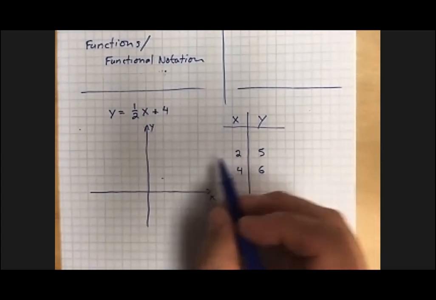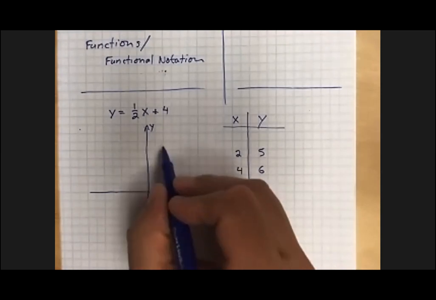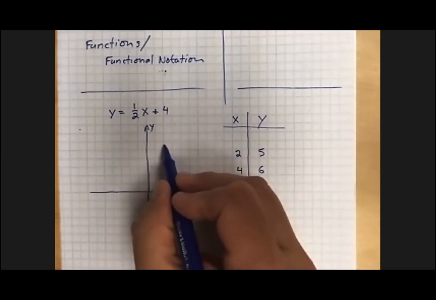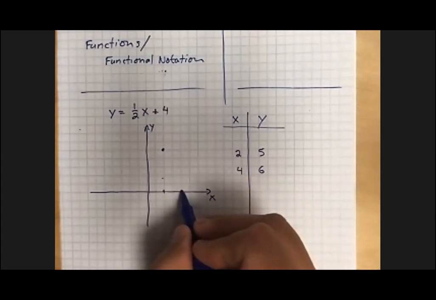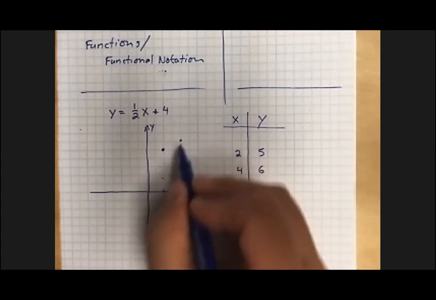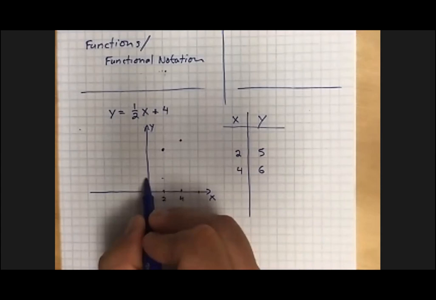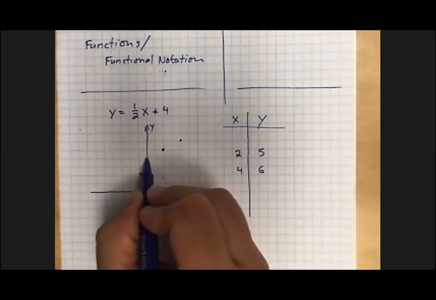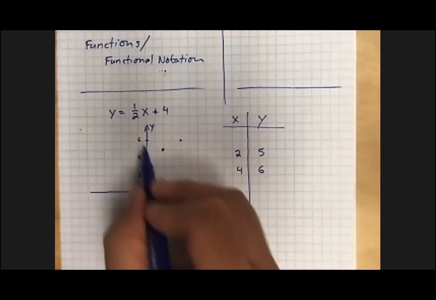Because once I have 2 points, let me mark them, 2 and 5, 4 and 6. Now, this is not legitimate until I toss in some scale. So never forget to mark the little tick marks and label the scale so people know where you are.